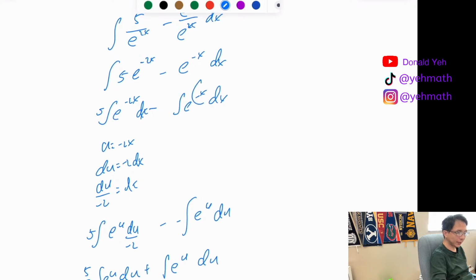It's a negative x here. u is equal to negative x, because u equals negative x here. It's two separate integrals.